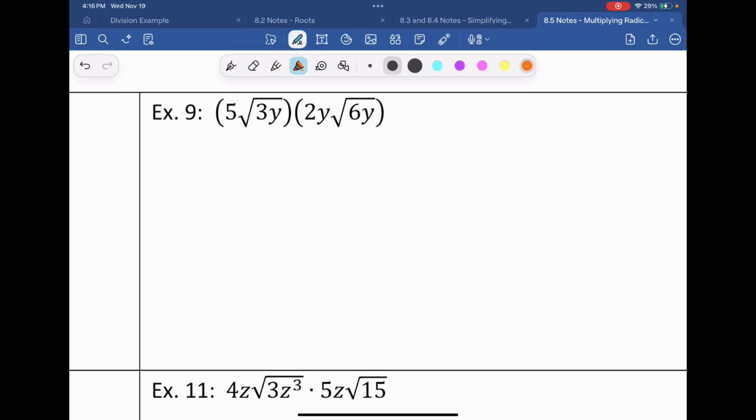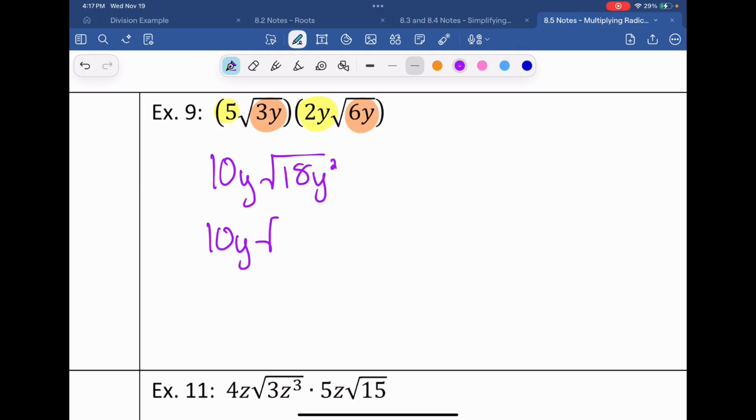So let's multiply the outsides together on this one. That's 10y. Together, so 18y squared. The largest square that goes into 18 is 9.